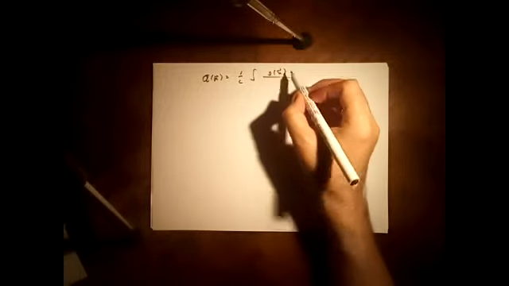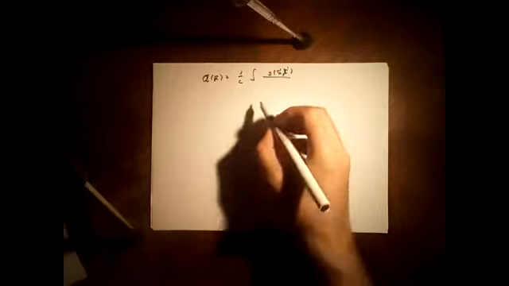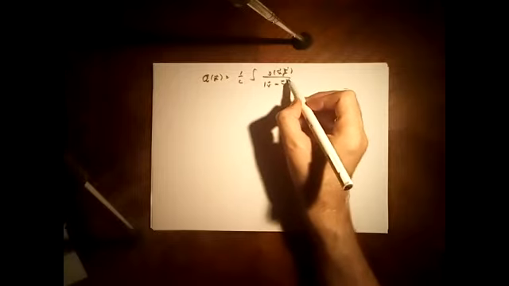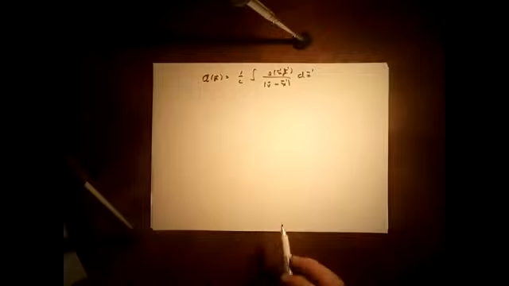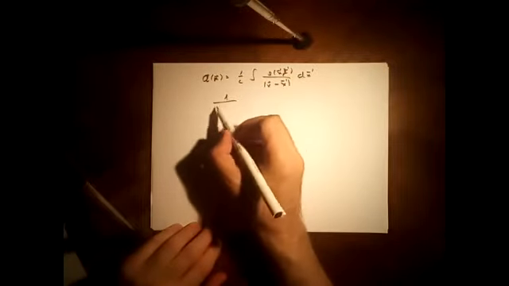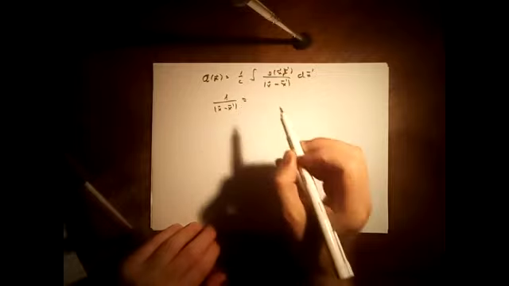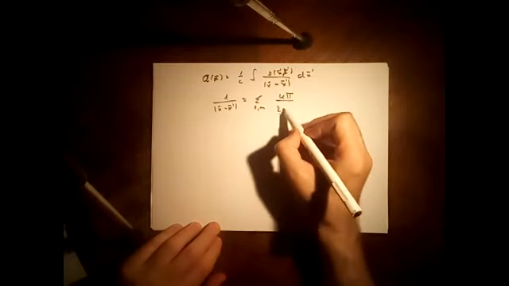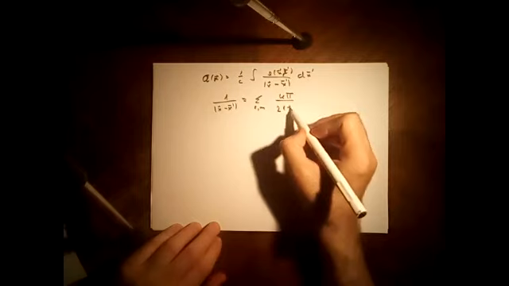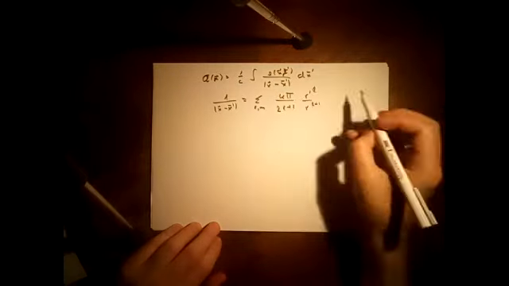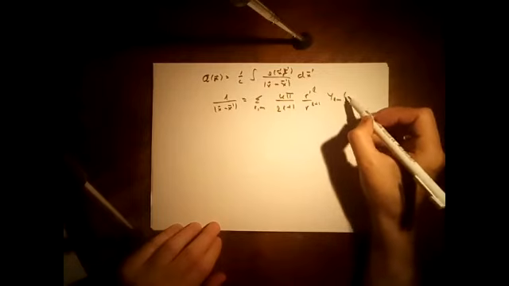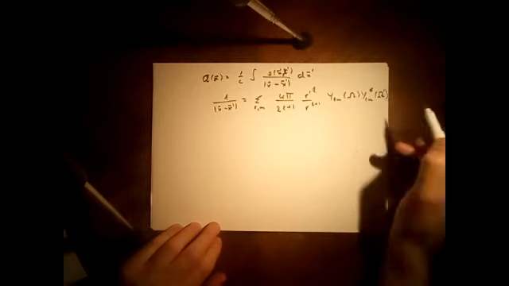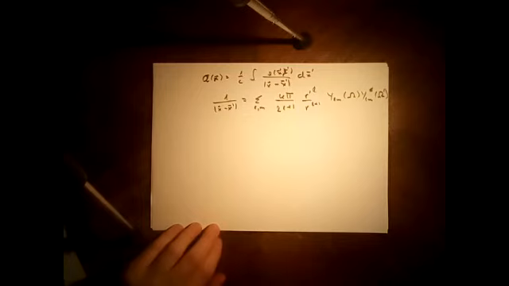The important thing is that you're going to expand the 1 over x minus x prime part as the sum over Lm of 4 pi over 2L plus 1, r prime to the L over r to the L plus 1, YLM omega and YLM star omega prime. That's the usual expansion for the Coulomb term.